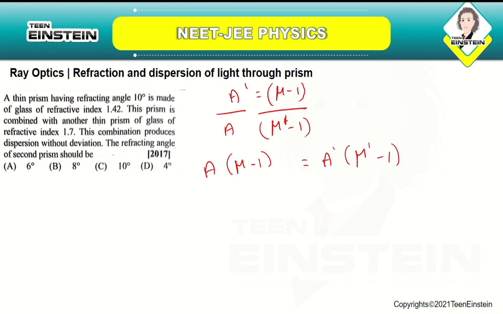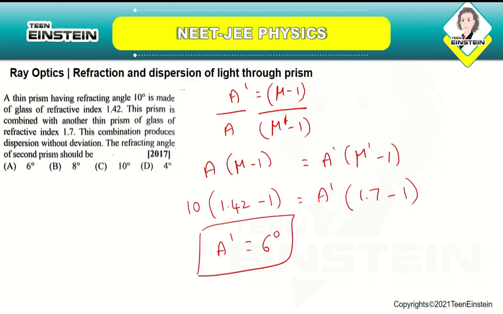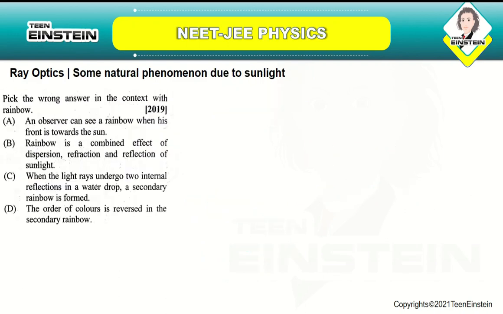So here they have given you the refracting angle as 10 degrees and the refractive index is 1.42 minus 1, equal to A dash into the refractive index 1.7 minus 1. So if you solve this, you will be getting the A dash value as 6 degree. Okay. So the refracting angle of the second prism should be 6 degree. So the correct answer is option number A. Okay. Let us now move on to the next question.